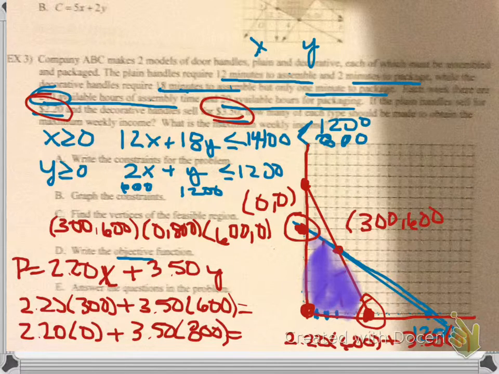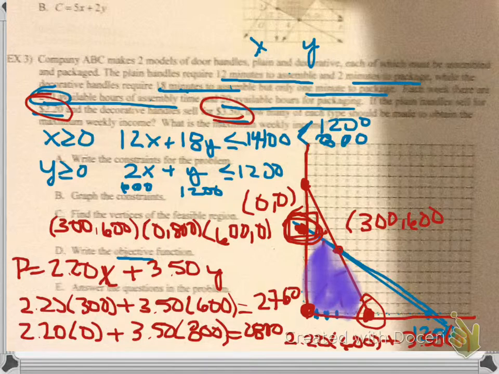And when I type those into the calculator, I get 2,760 for the top one, but I get 2,800 for the 0, 800. So that tells me this point right here, 0, 800, is where I would make my maximum profit.